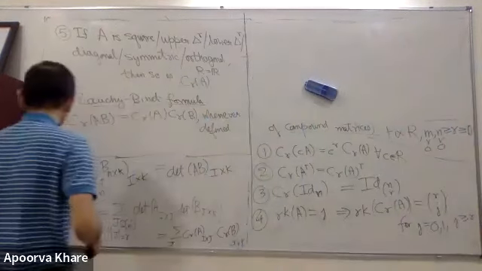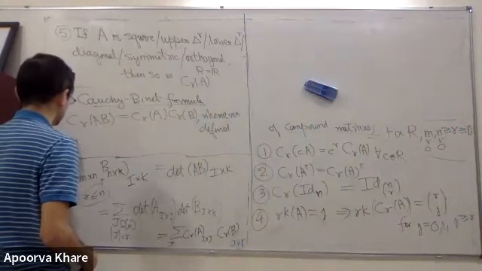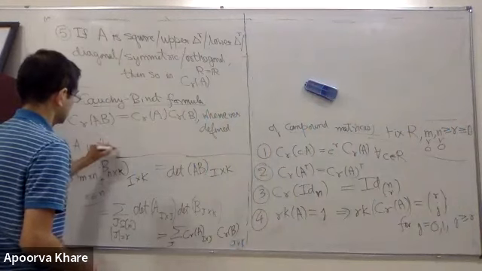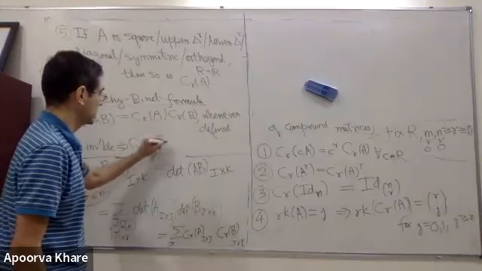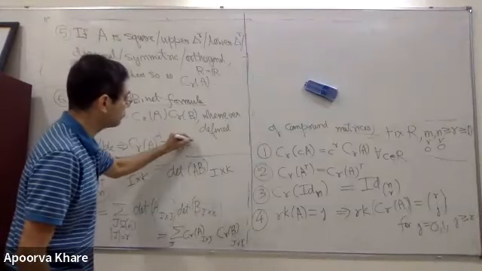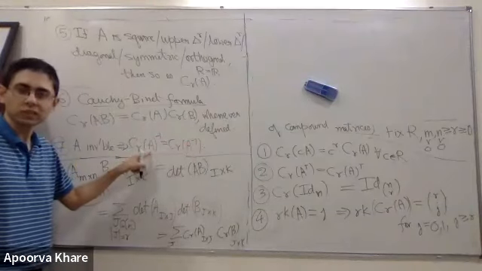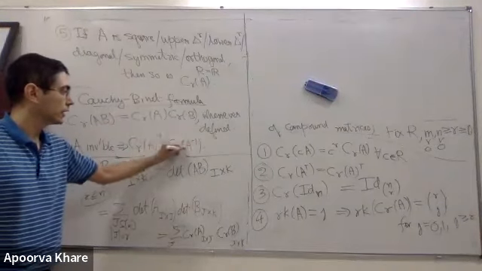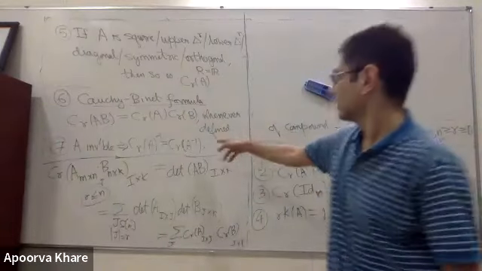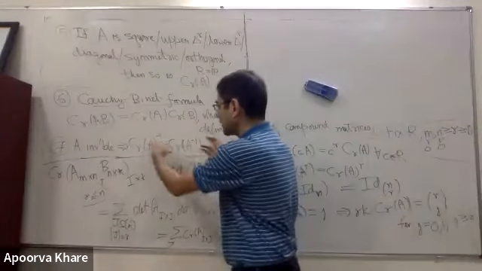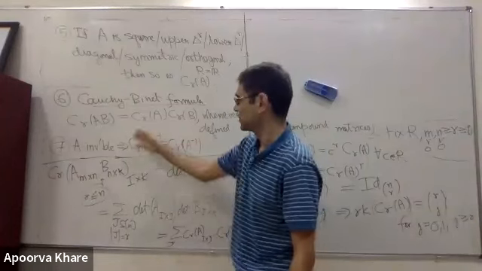And therefore, now I can say that if A is invertible, the compound matrix of A inverse is precisely the inverse of the compound matrix of A. You can calculate the inverse of a compound matrix by just taking the inverse of A, because you multiply both sides by the compound matrix of A, and you see that they cancel.